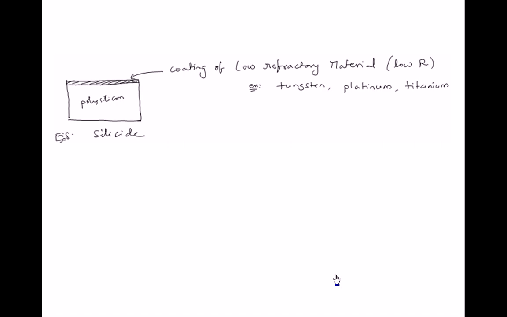So whenever it is coated on that polysilicon, the effective resistance is the parallel combination of the refractory material along with the polysilicon resistance. So effective resistance is going to be reduced to lesser than the least. That is the overall resistance. Effective resistance is less than that of the low refractory material.